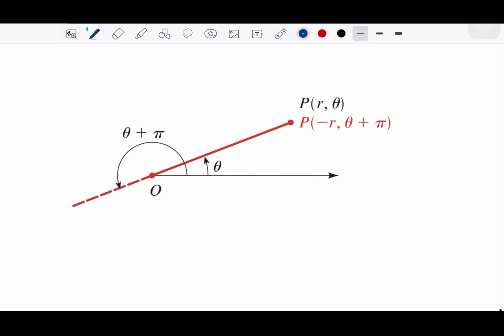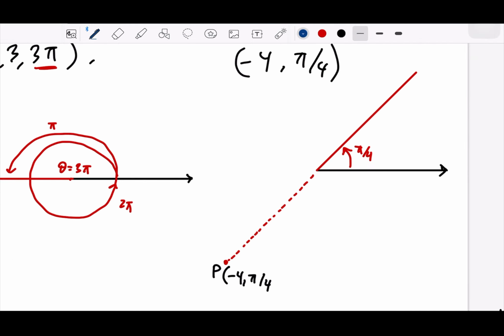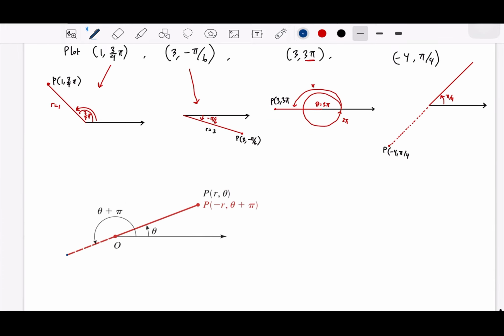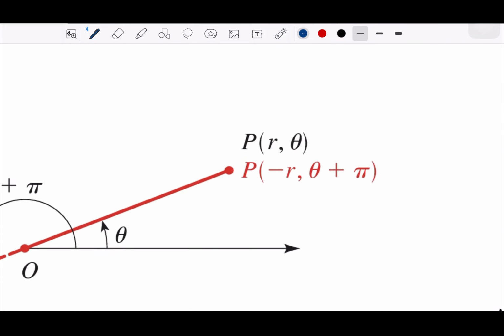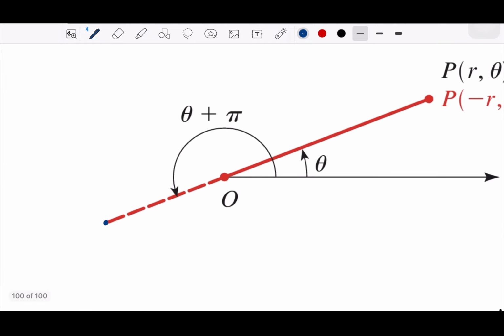What will be if we have, for example, the P, we know that from this point of view, if the radius is negative, we are going to have the opposite side, right? So let's say we have the same angle theta, but the radius is negative. This will be the place. Maybe let me add more steps here to make it similar, maybe here.